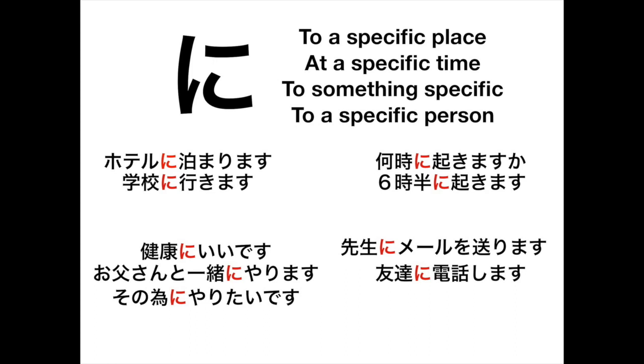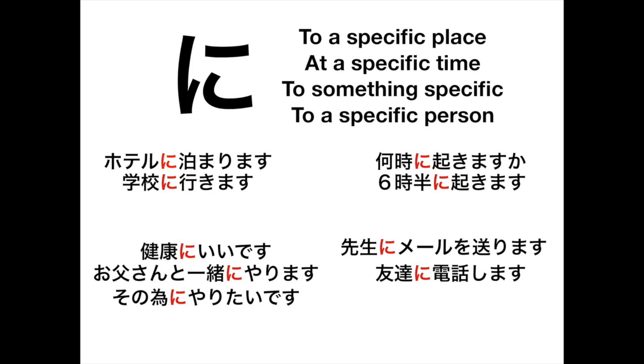Okay, and the next one below that is お父さんと一緒にやります, and that is I do it specifically together with my dad. Okay, and the next one below that is そのためにやりたいです, which is for that purpose I want to do it. So そのため is like for that reason or for that purpose. にやりたいです. Okay, it's kind of hard to conceptualize this bottom left corner one, but don't worry, you'll get it eventually.